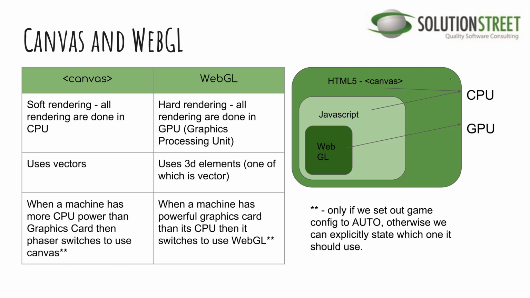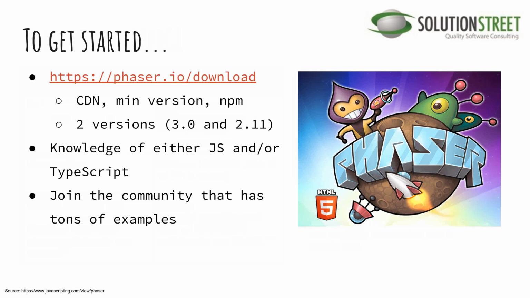But there are times when we want to set what it should use, maybe because we're targeting a certain brand or specific specifications of computer. Here's a little chart where the GPU and CPU are coordinating. All right, going to the next one.